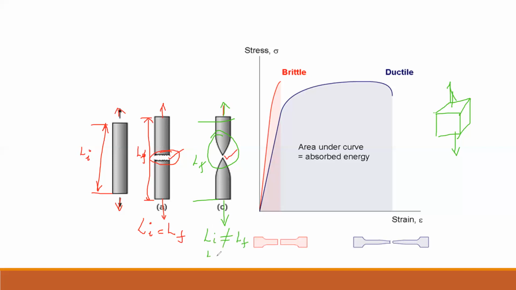The final length is always greater than the initial length, which means the ductile material has undergone plastic deformation. Here you can see the area under the curve is called the absorbed energy, or the toughness of a material. Ductile material always has high toughness, and brittle material always has low toughness.